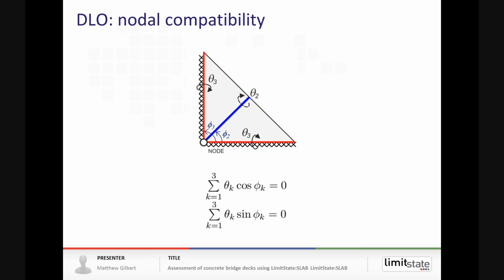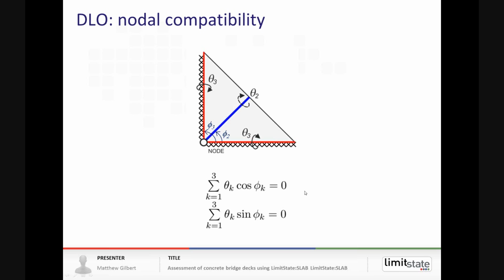So nodal compatibility: if we zoom in on the node at the bottom left of a slab, what we need to do to ensure nodal compatibility is that the relative rotations at yield lines sum up to 0 if we go all the way around the node.